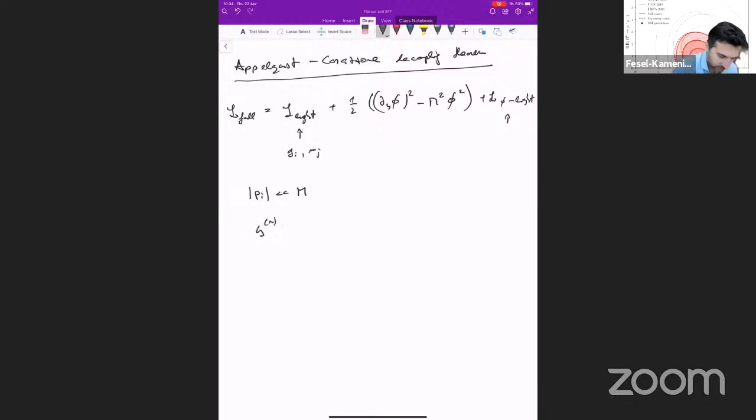then any Green's function for n particles, p1 to pn, in the full theory will be the same as a renormalized, so there's a renormalization factor Z to the n half, times a Green's function computed using only the Lagrangian of the light degrees of freedom, p1 to pn, up to order 1 over M corrections.